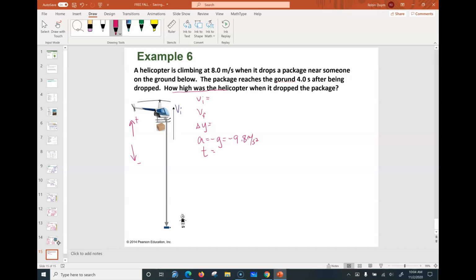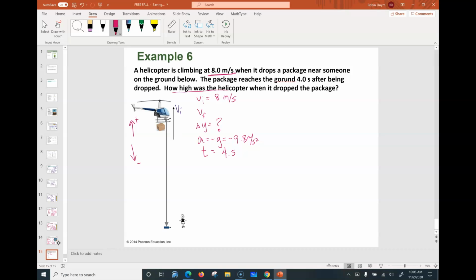And the time they tell us is 4 seconds. So my initial velocity is going to be the same as the helicopter. It's going to be a positive 8 meters per second. And we want to find change in y, or displacement in the y direction.